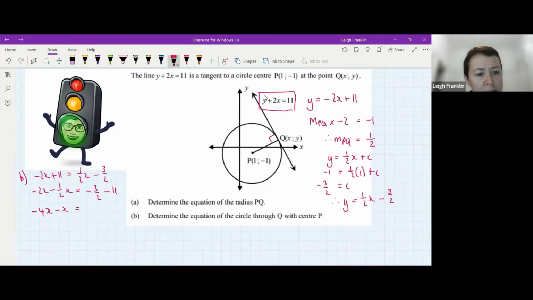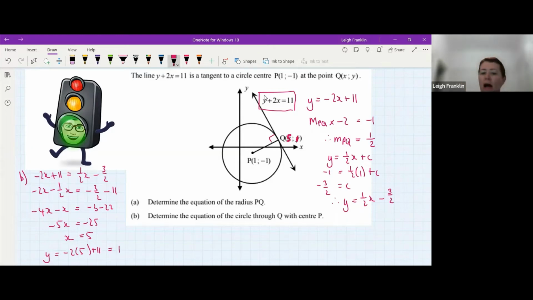So minus x is equal to minus 3 minus 22. So that gives us negative 5x is equal to negative 25, which means that x is equal to 5. So that is the x coordinate. It's 5. The corresponding y coordinate, y equals negative 2 times 5 plus 11, will be equal to 1. So this over here is 1.